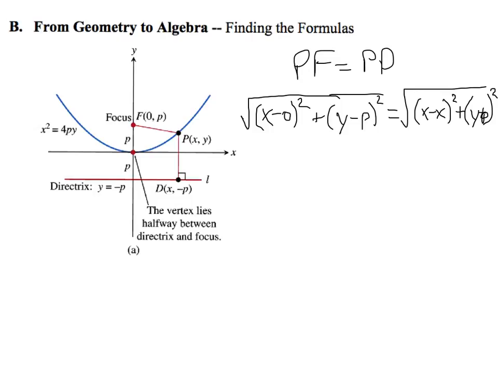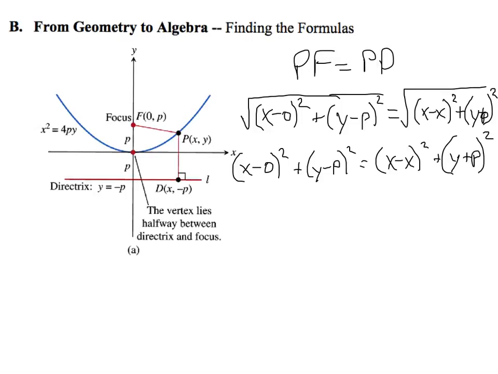Okay, so our job is to try to simplify this and make it into an easier statement to work with, but this is where the definition starts from, saying it's got to be an equal distance and then setting up an algebra formula that would meet that. So I'm going to write a few things down here, and it will go a little bit faster. One of the first things I can do here is simply square each side. If I square this, the square root goes away. I'm left with what's underneath.